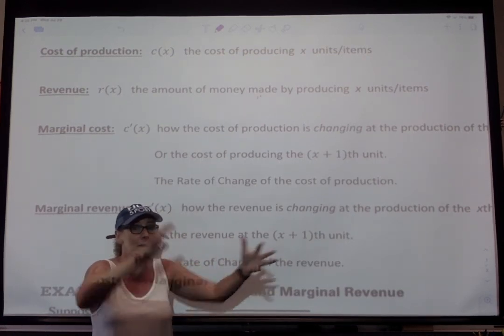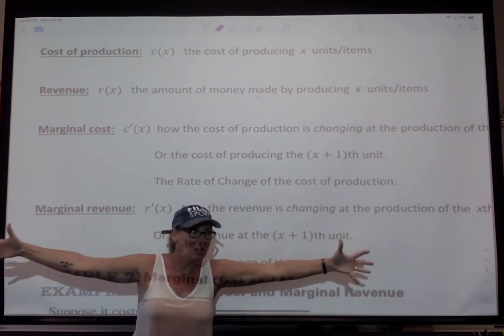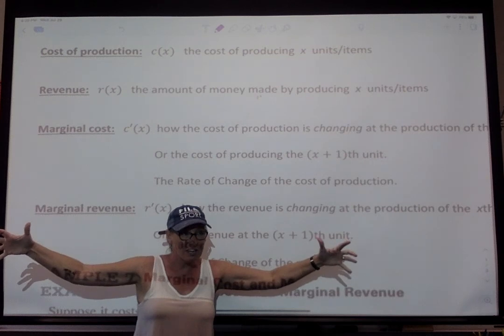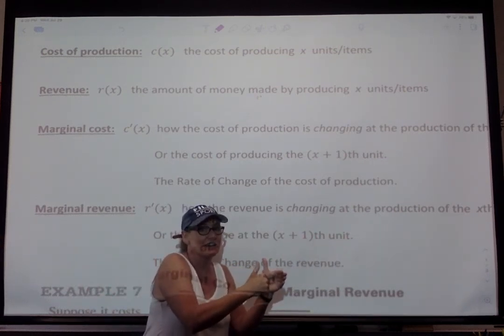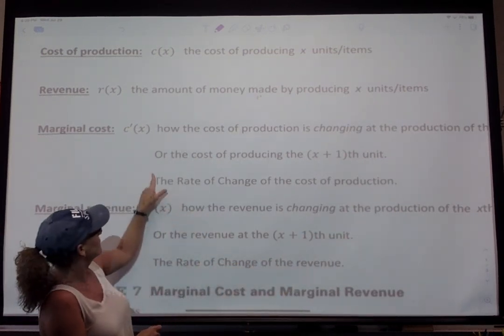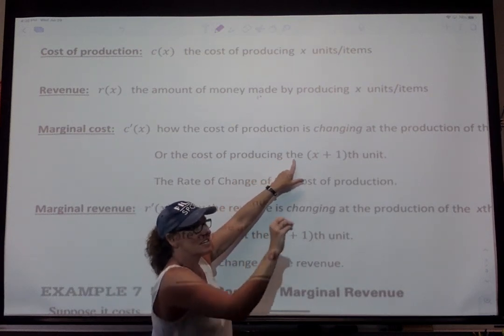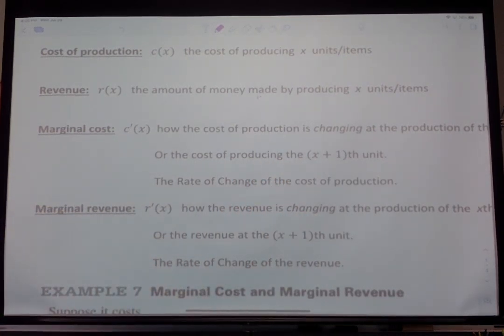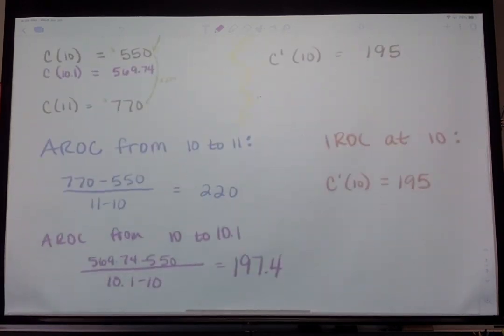That's different from how much it costs to produce all 11. Talking about all 11 versus just the 11th. The cost to produce just the next one. Okay. Fingers crossed. Hope that makes sense.